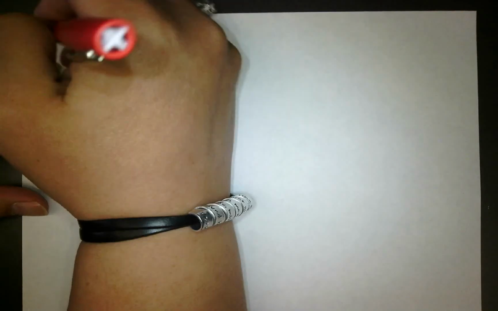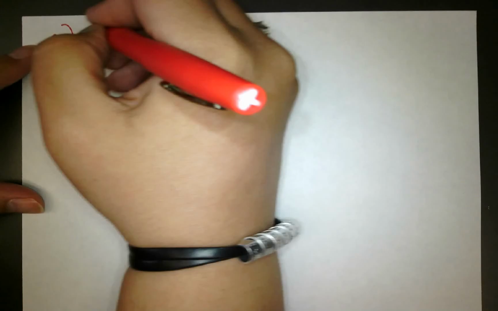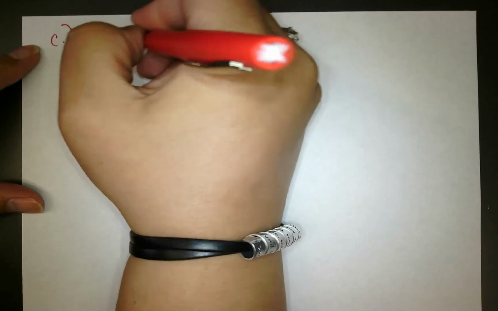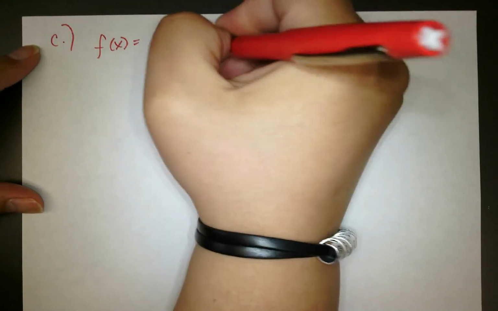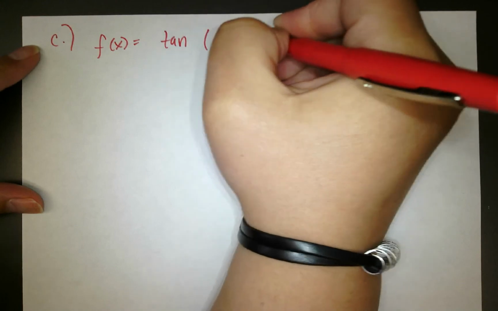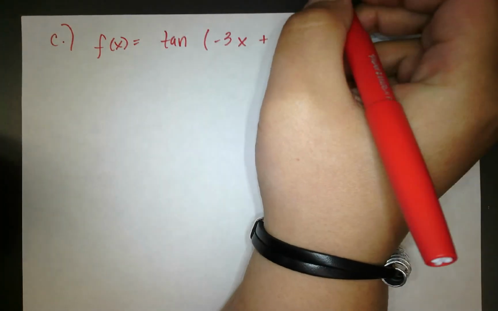Alright, here's C. If I find the example, I'll give it to you. There it is. Tangent, f of x equals tangent of negative 3x plus pi.